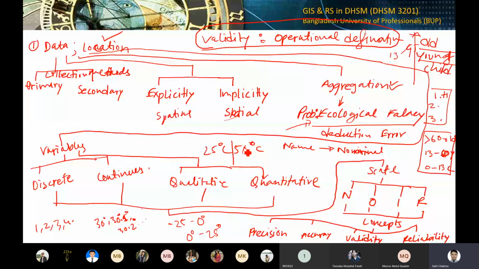However, you can never say that 50 degrees is twice of 25 degrees Celsius, and 25 degrees is twice of 0 degrees Celsius. If you have 0, 25, and 50 degrees Celsius, three readings, you cannot say that reading number 2 is twice of 0, and number 3 is twice of 25 degrees Celsius.